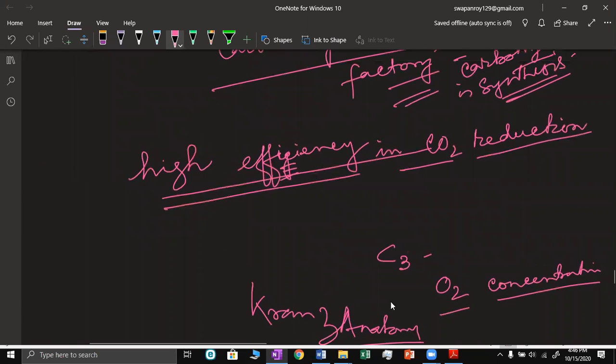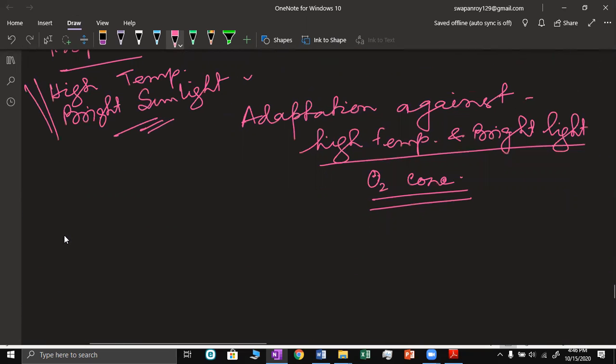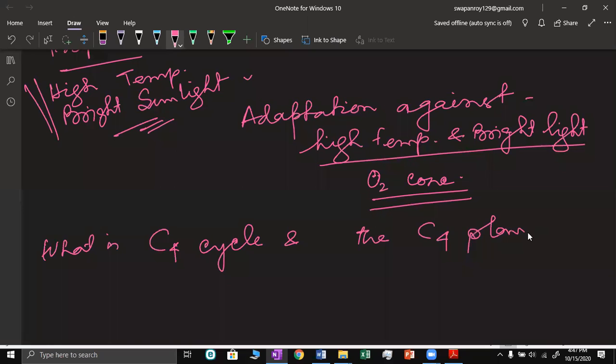So here usually the question can be asked, first, what is this C4 cycle, and what are the C4 plants.